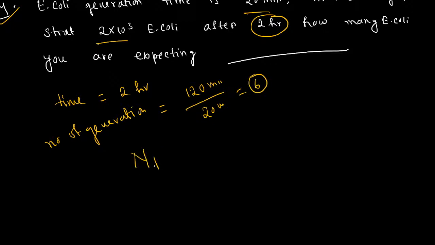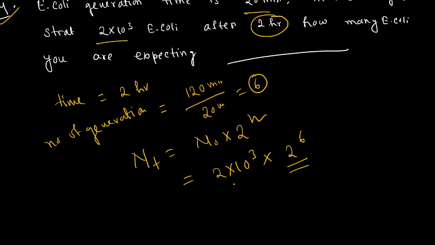You know that Nt equals N0 into 2 to the power n. Simply apply: 2 into 10 to the power 3 into 2 to the power 6. I hope you will get 64 into 128 into 10 to the power 3. Yes, 128 into 10 to the power 3.